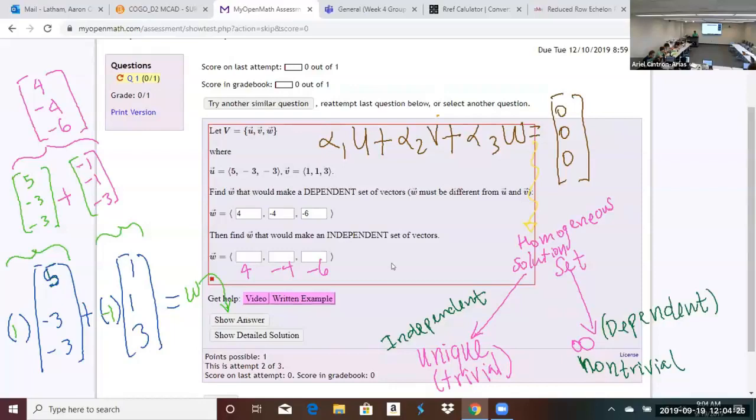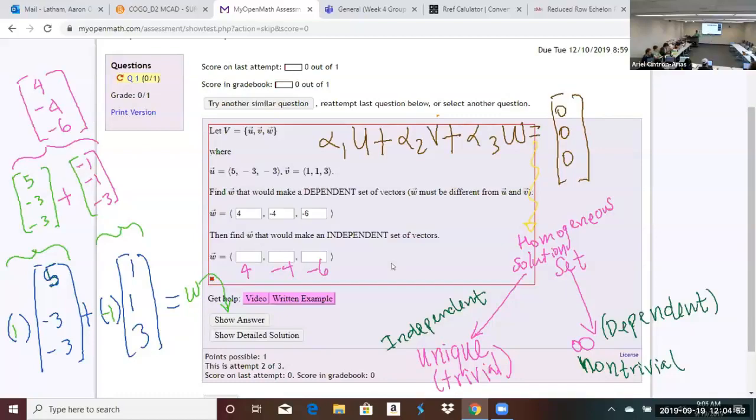Let's say find W that would make an independent set of vectors. Once we have constructed this new W, and we constructed it this way to confirm linear dependence, we could assume that we don't know if they are dependent or not, even though we know it because by construction that's how we set up W. And if we don't know, we could use RREF, right?